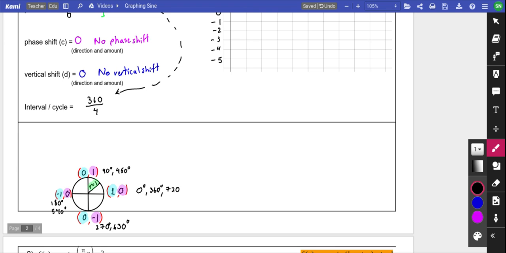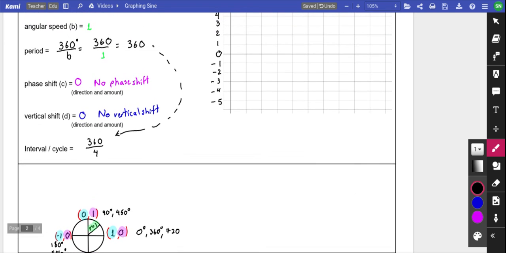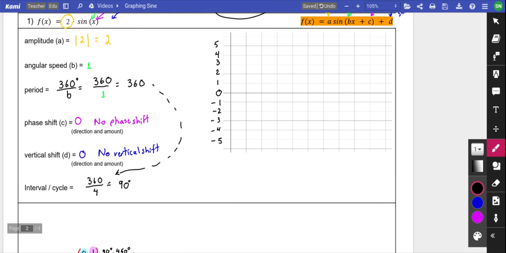If we are supposed to divide by 4, then we need to divide the 360 degrees by 4, giving us 90 degrees. So each cycle is going to be composed of 4 90-degree sections. Let me start by labeling that on the x-axis. We start with 90, 180, 270, 360, and so on.